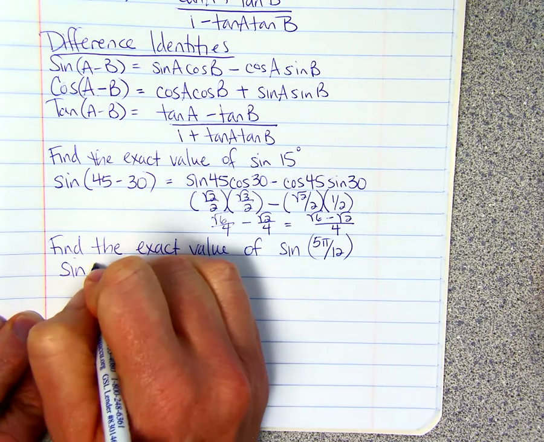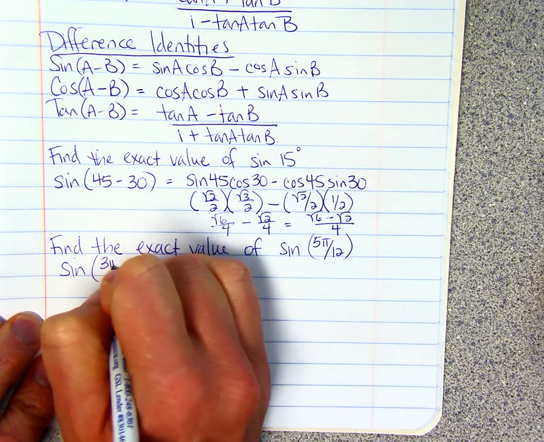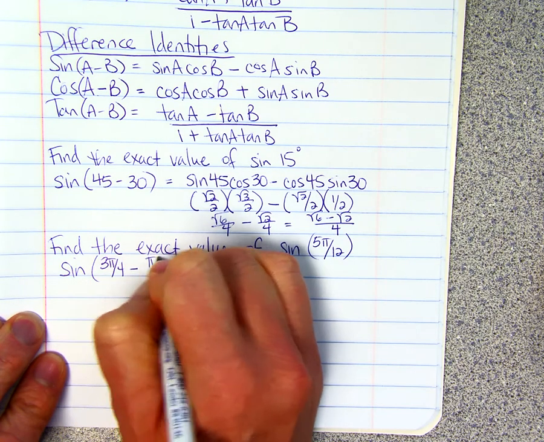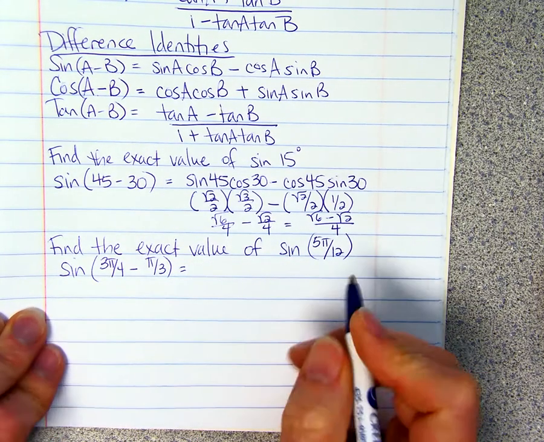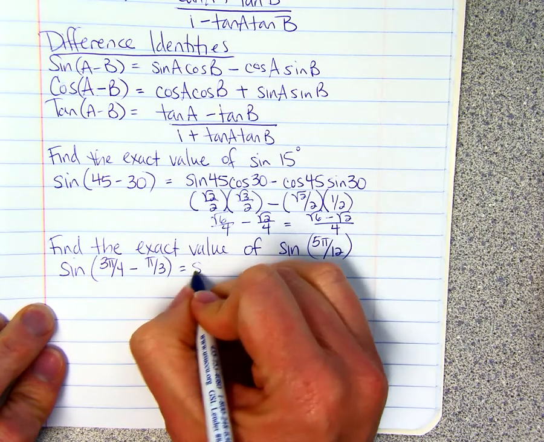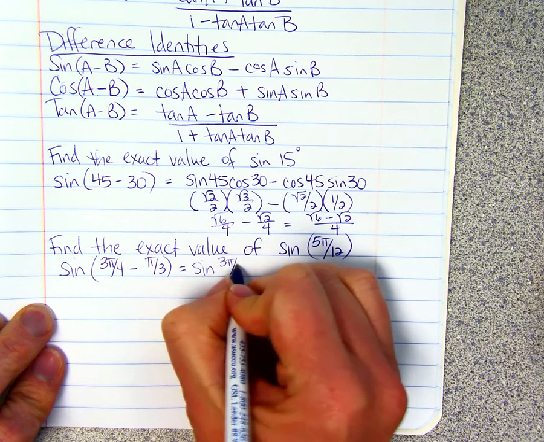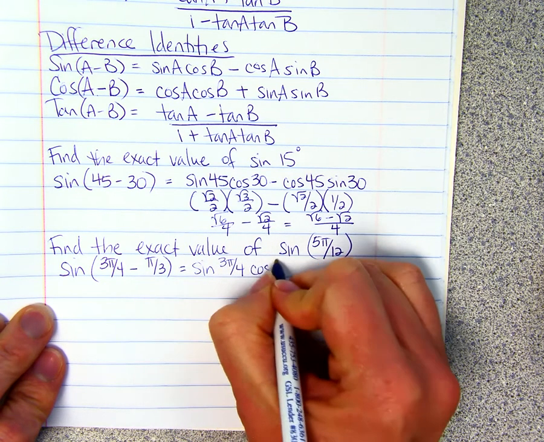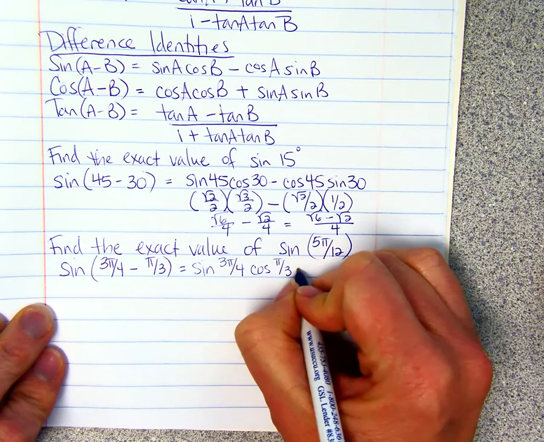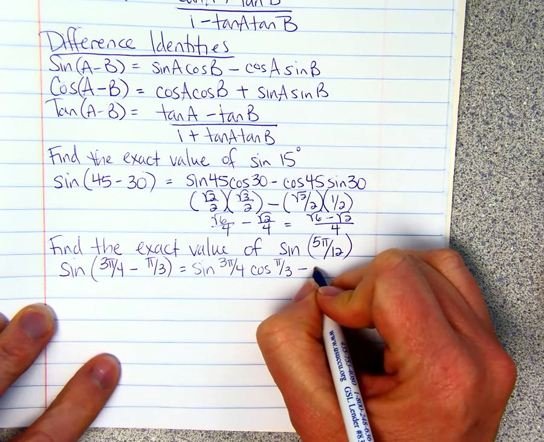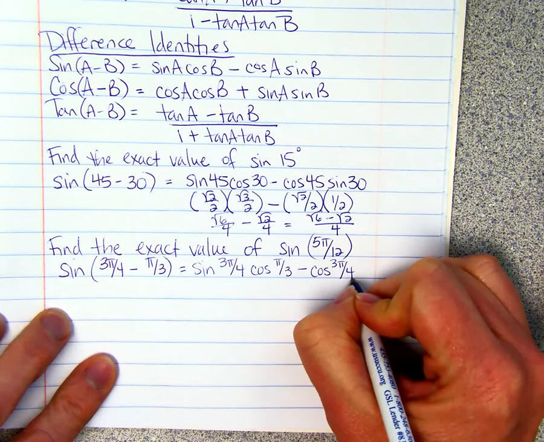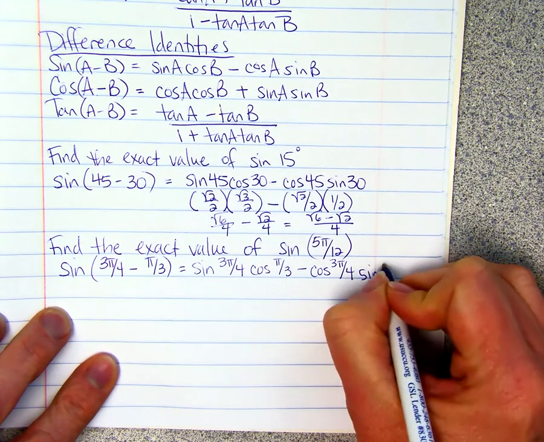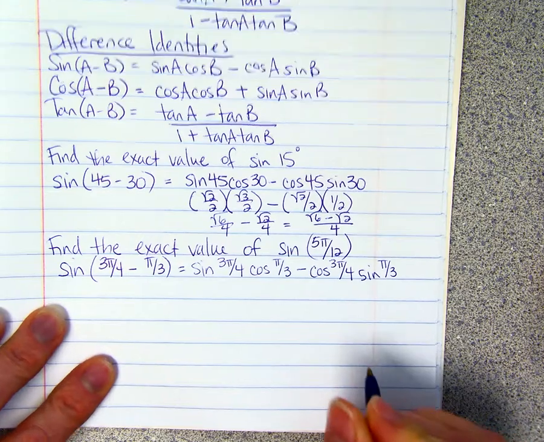So we could do sine of 3 pi fourths minus pi thirds. So this is a difference identity. So it's going to be the sine of 3 pi fourths times the cosine of pi thirds minus the cosine of 3 pi fourths times the sine of pi thirds.